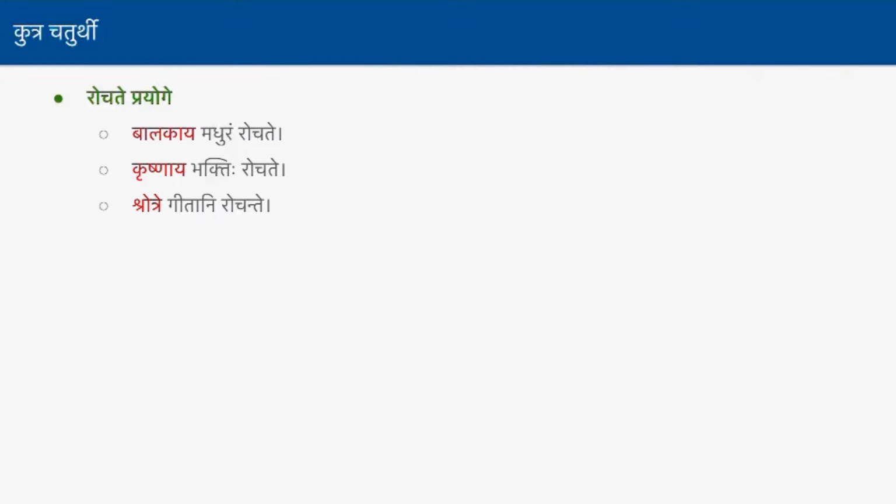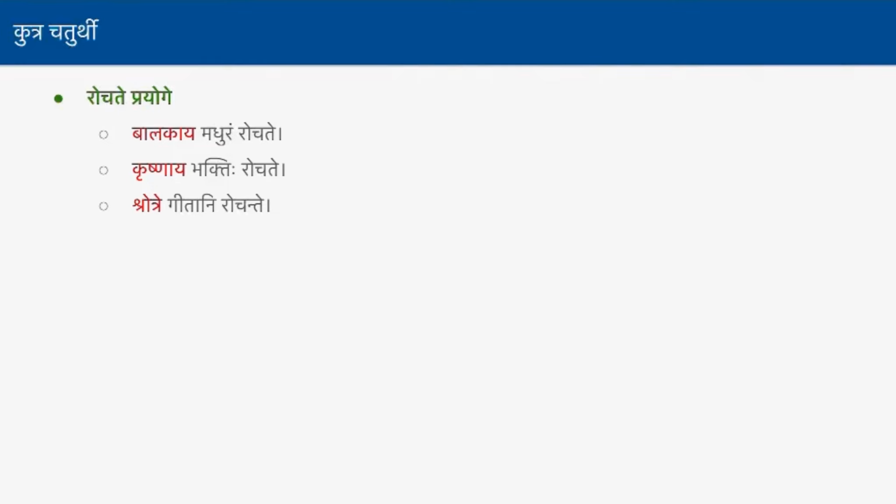Question: Balakaya Chaturthi Vibhakti means Balakasya Krute, right? The Balakasya Krute Madhuram Rochate, the sentence is not making sense. Sorry, can you repeat again? Balakaya Chaturthi Vibhakti means Balakasya Krute, right? Yes. So in that case, if we convert it that way, it is not giving the meaning.